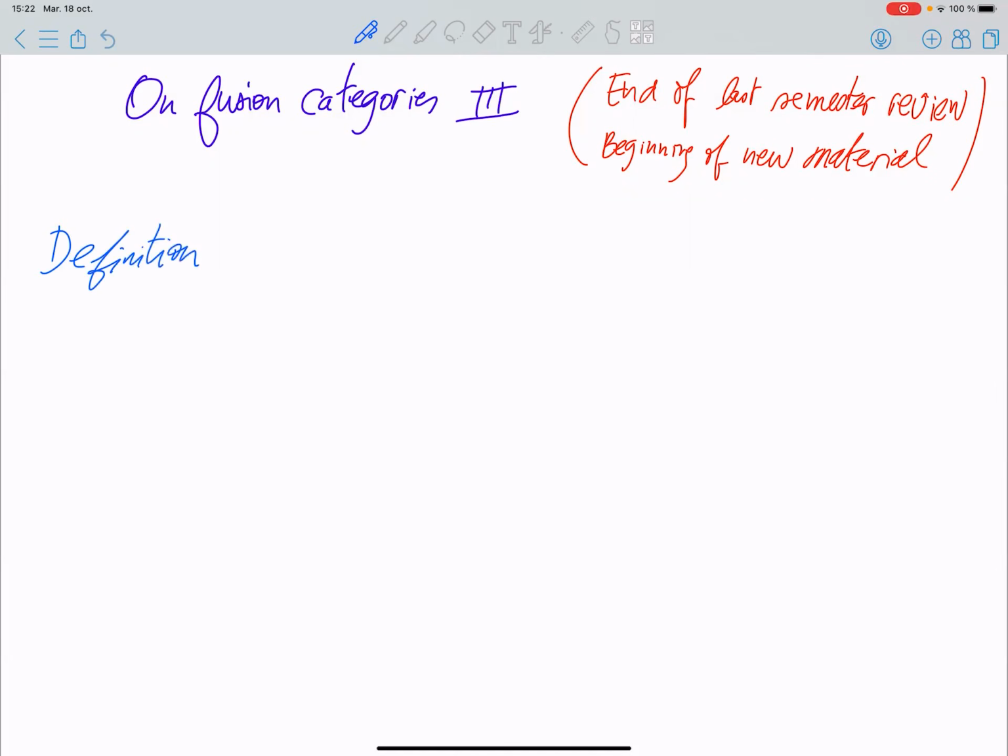we will consider some specific type of algebra object called separable.